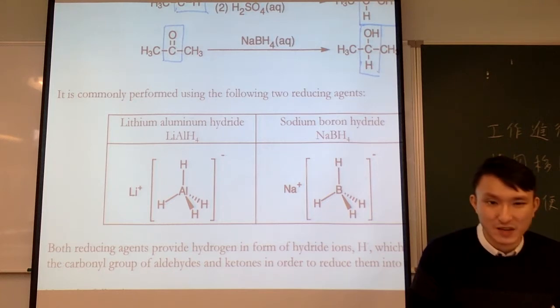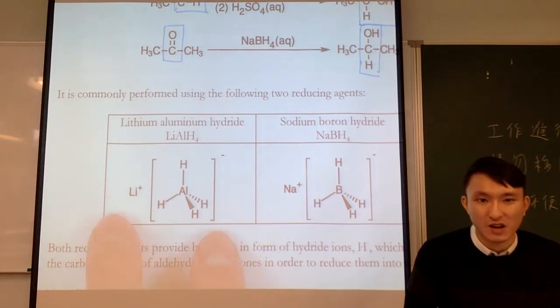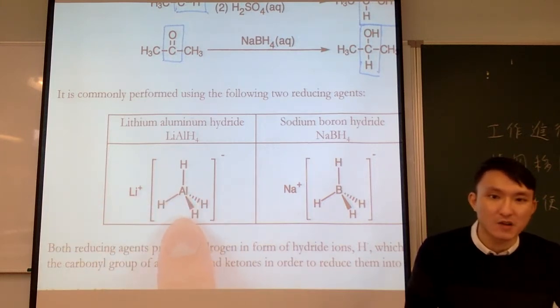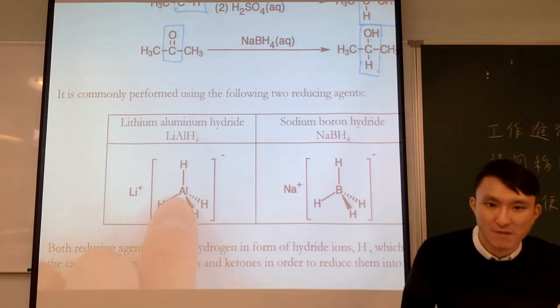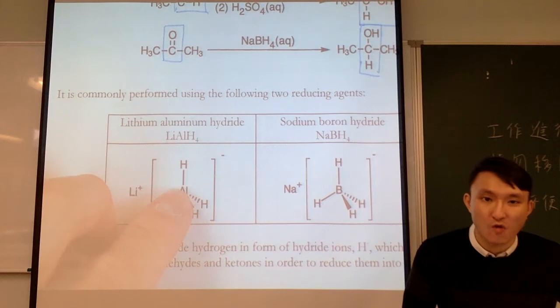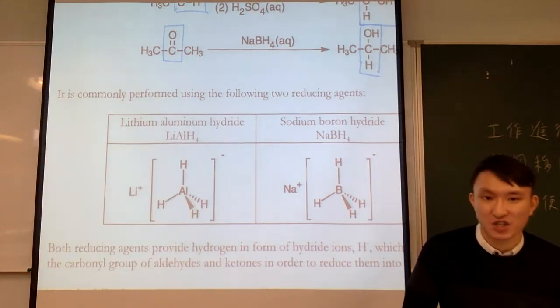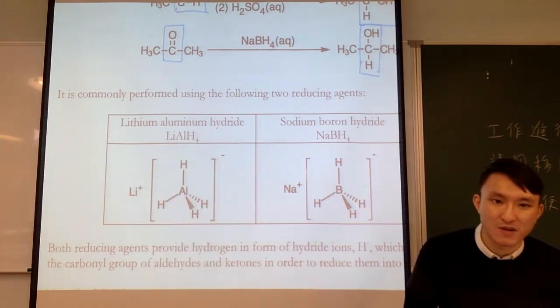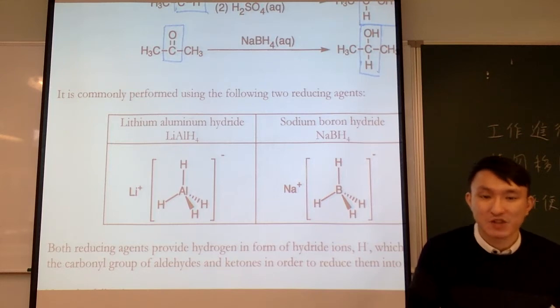Now, the structure itself is quite interesting and quite rare as well, because on the whole, this is an ionic compound, positive and negative. And if you look at the negative ion, it is a polyatomic ion where we have a metal forming covalent bonds with a non-metal, hydrogen. It's quite rare to see a metal forming covalent bonds with a non-metal, because metals usually form ionic bonds or metallic bonds with themselves.